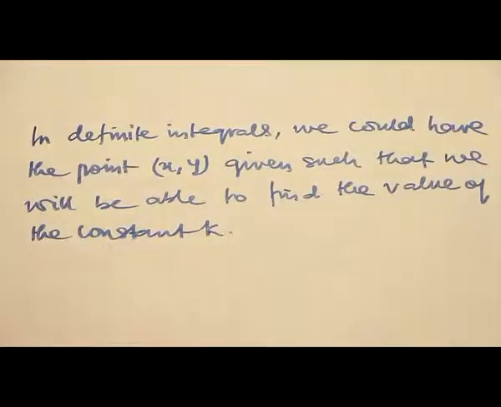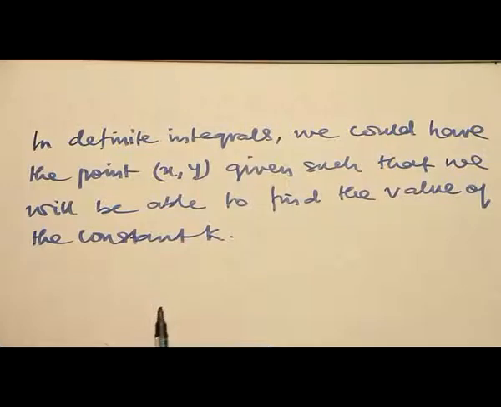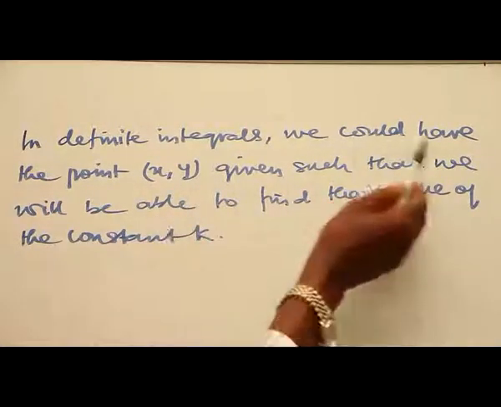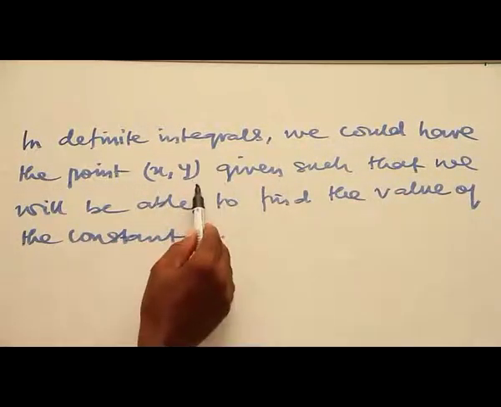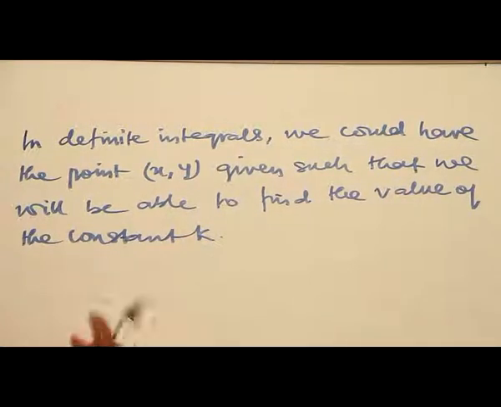In order for us to eliminate K, where we are given the lower limit and upper limit, we will substitute the lower limit and the upper limit in the integral of the given function, as we have said earlier. Another situation we arrive at in definite integrals is that we could have the point x, y given, so that we will be able to find the value of the constant K. So there are two situations here.